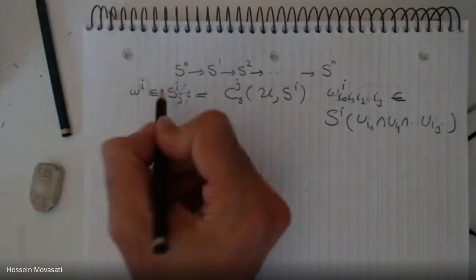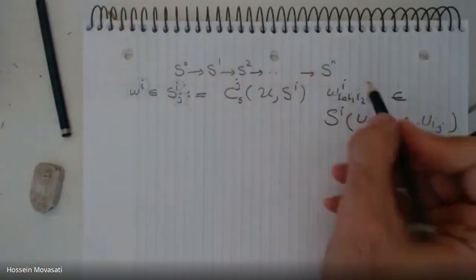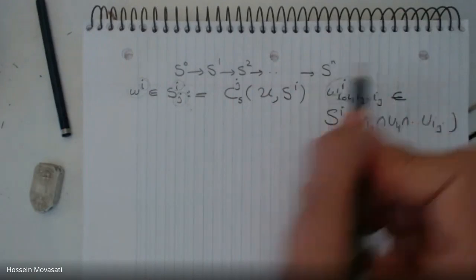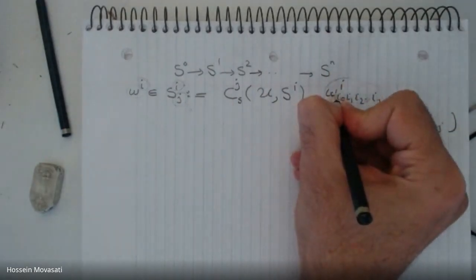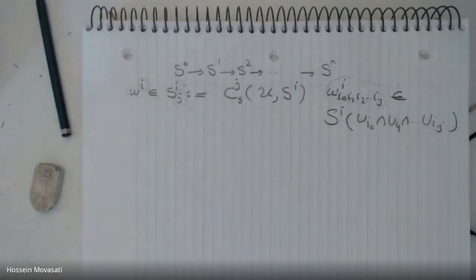So at the end it contains a lot of elements on g+1 intersections of my covering.